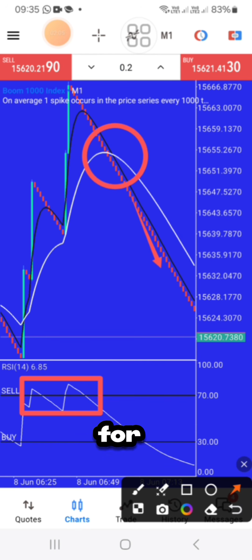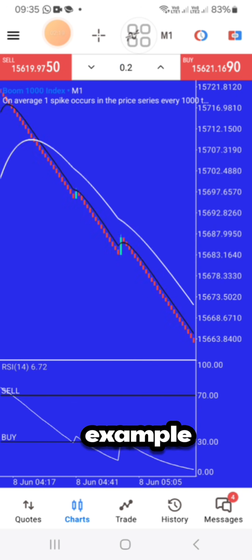So basically, these are the selling conditions in boom. Wait for the RSI to cross below the 70. Wait again for the moving average on the main chart: the black line has to cross below the white line. Once that takes place, you are ready to take your 10 candles. Let's quickly look at another example.